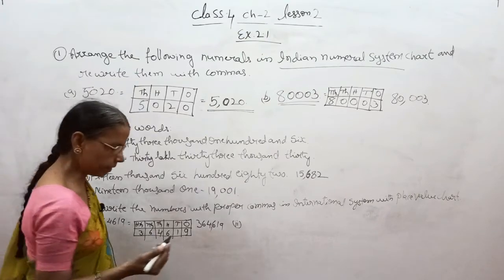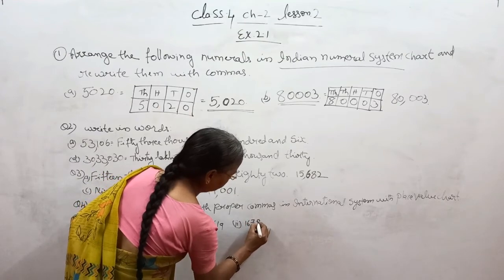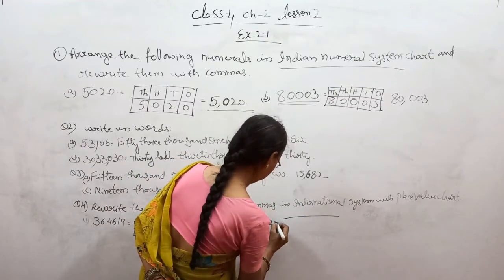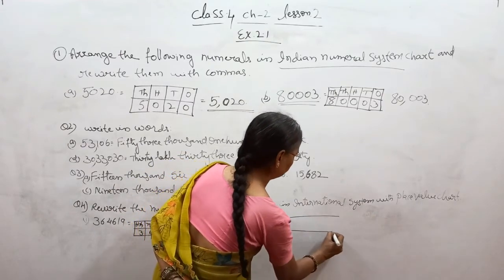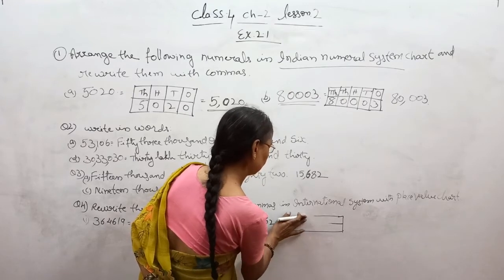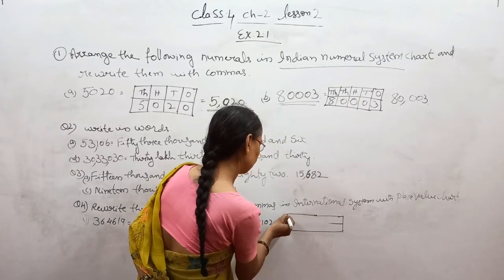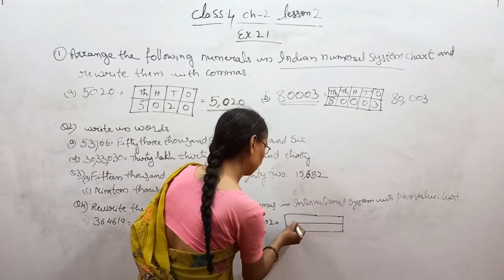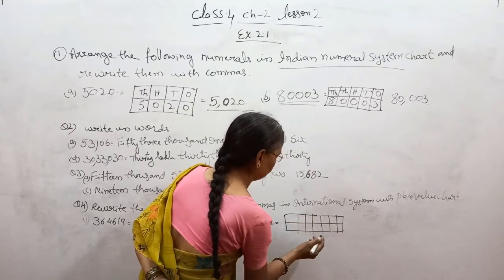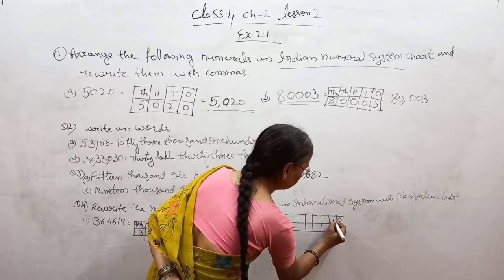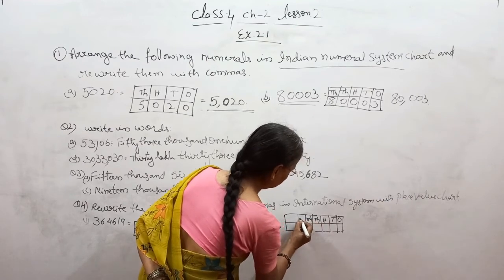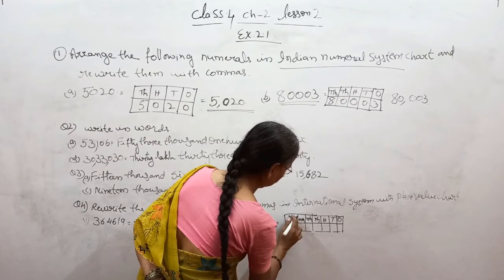Like this, the second one. 1679102. Here again we have to draw a chart: ones, tens, hundreds, thousand, 10,000, 100,000 and million.